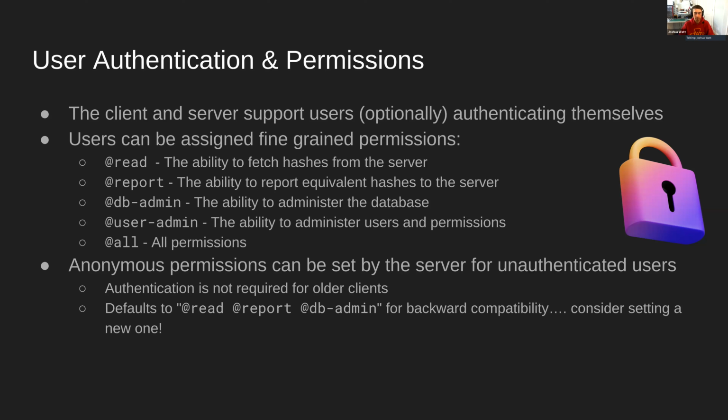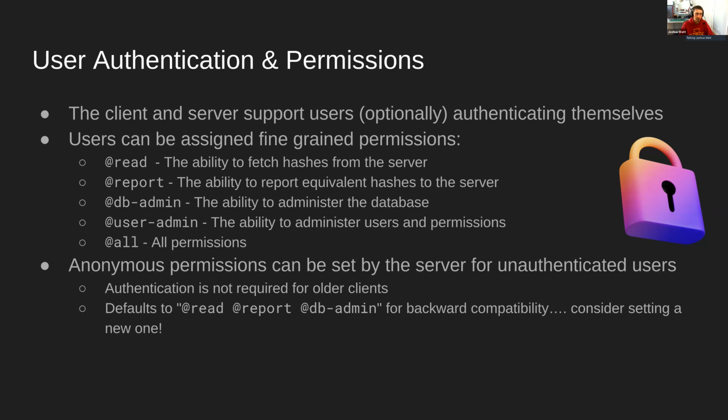There's a DB admin permission, and it lets you do database administration, cleaning up entries in the database, and other stuff like that. There's user admin that lets you create, delete, change user passwords, all of those user admin-y things. And then the last permission is all, which means all permissions and any we might add in the future. It's basically the super user permission.